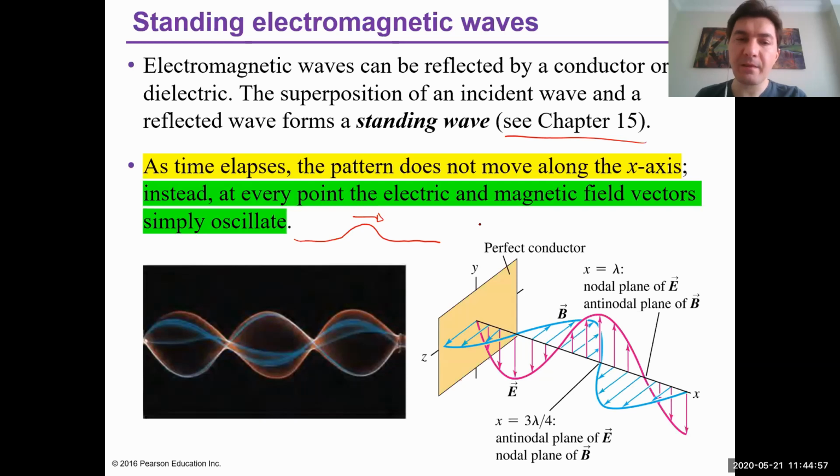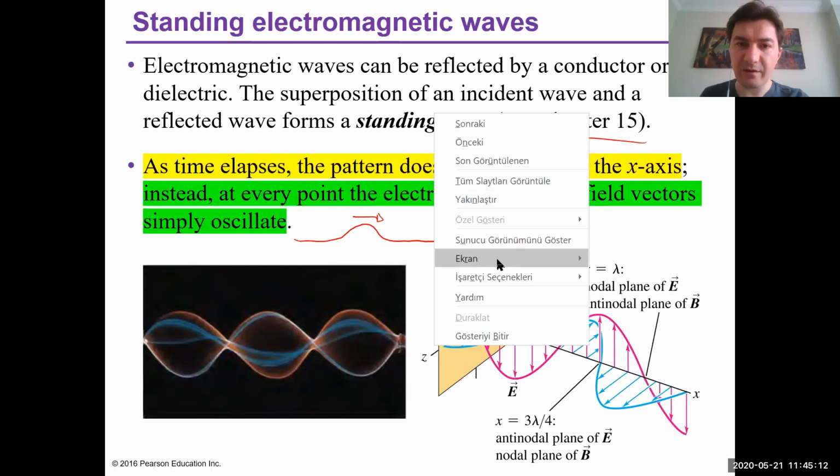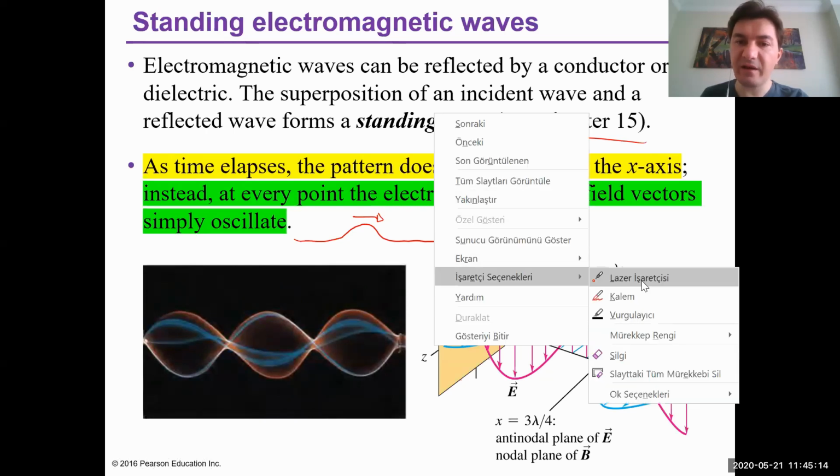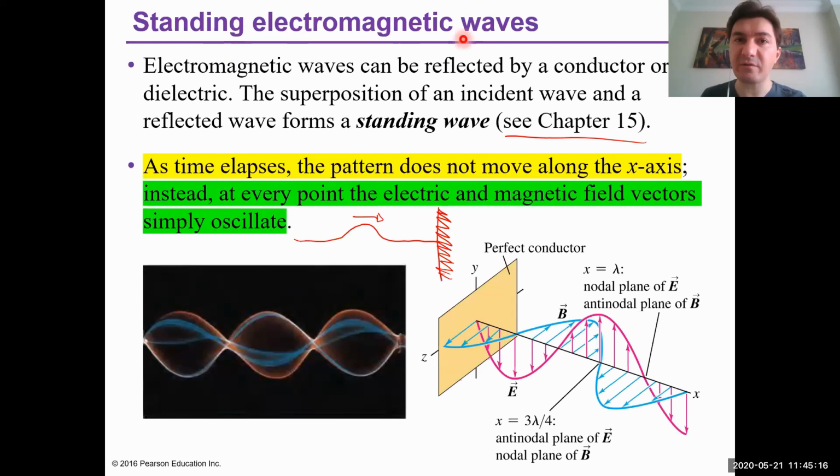But if you fix that end of the rope, then you can produce standing waves. The mechanism is also the same for these standing electromagnetic waves.